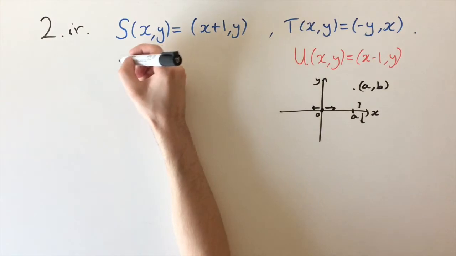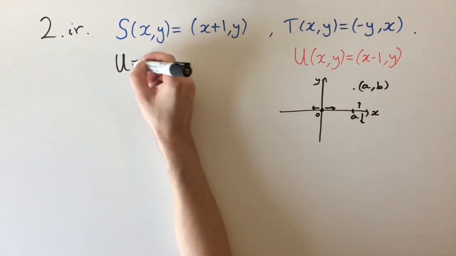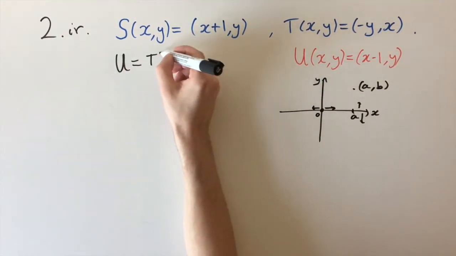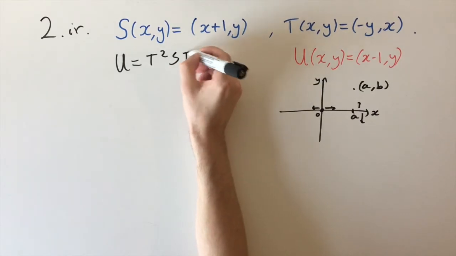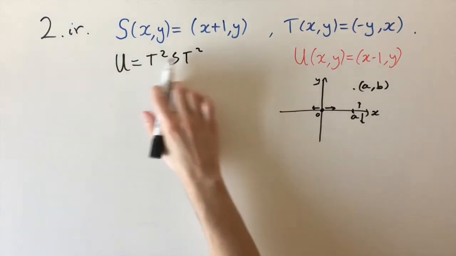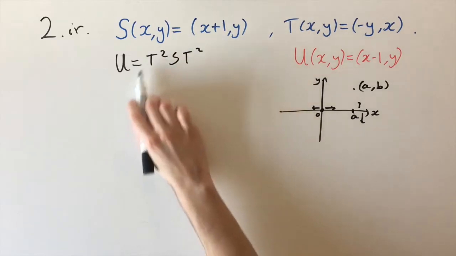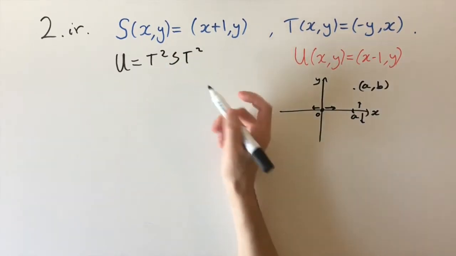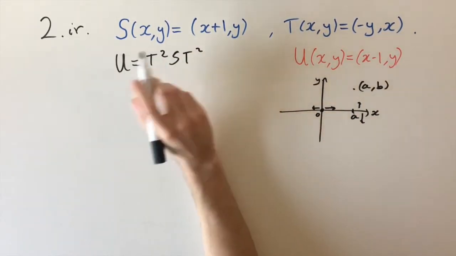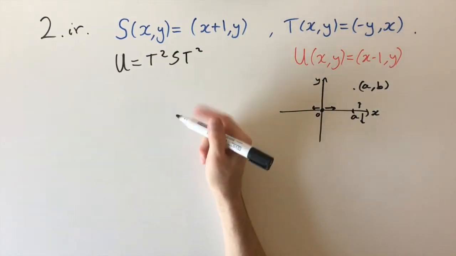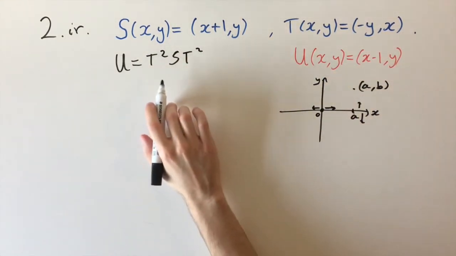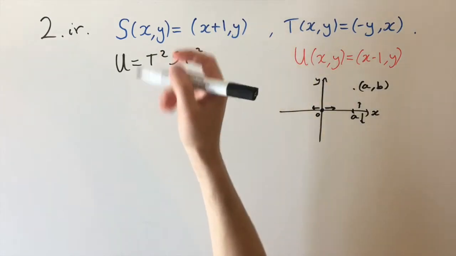To do this, remember what u was. We found in the previous question that u was t squared s t squared. And we said that we needed t in here 4 times so we had the right orientation, and we needed s to move the particle by 1. So we're going to try and use a similar strategy to go up and down by 1.